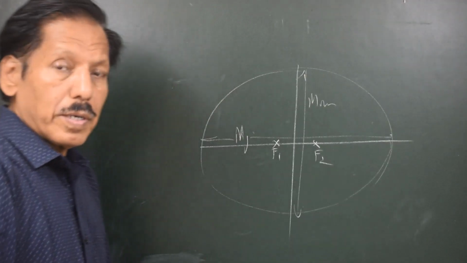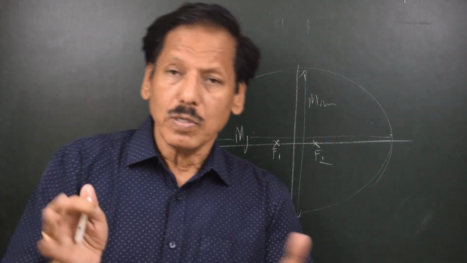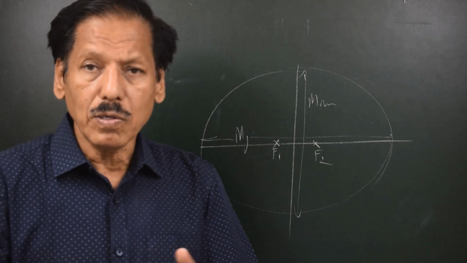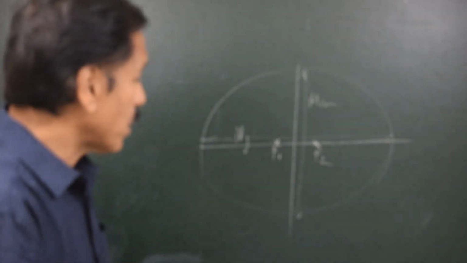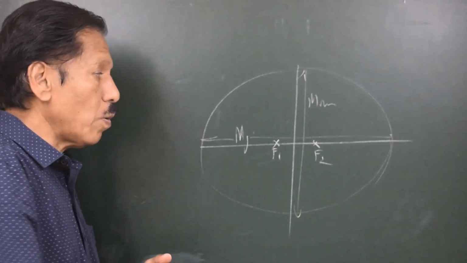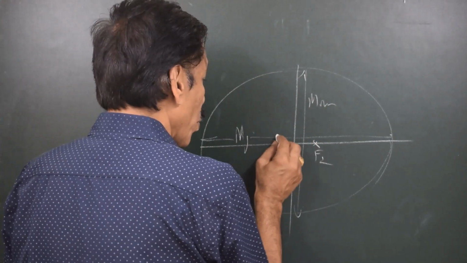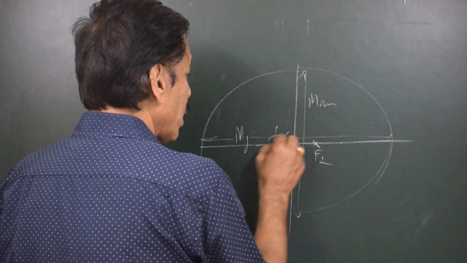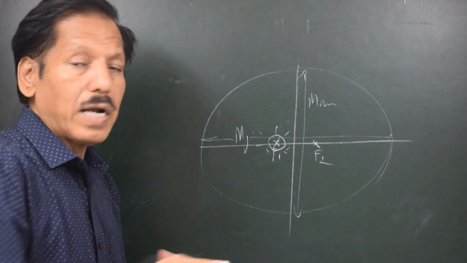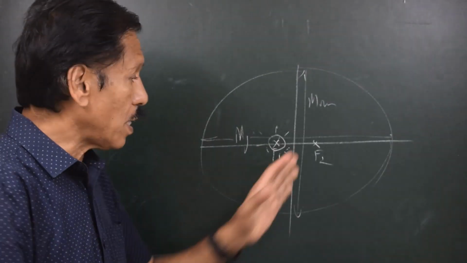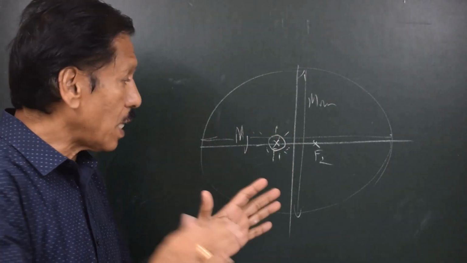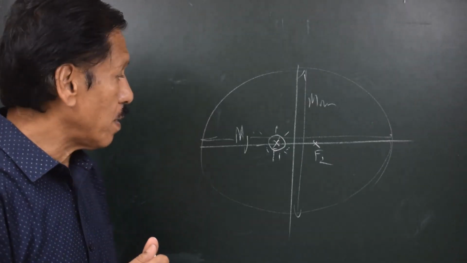Now, let us talk about Kepler's laws. Kepler has three laws. The first law of motion is that all the planets revolve around the sun, with the sun located at one of the foci. I mean, the sun is not in the center of the ellipse. The sun is there on one of the foci.